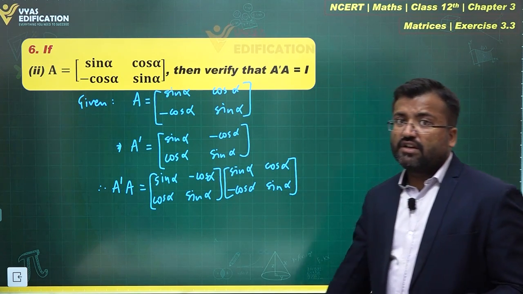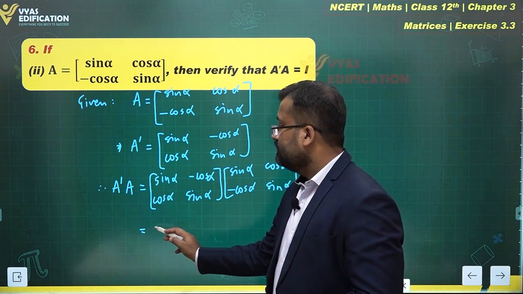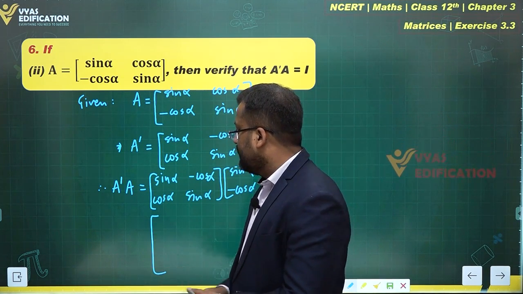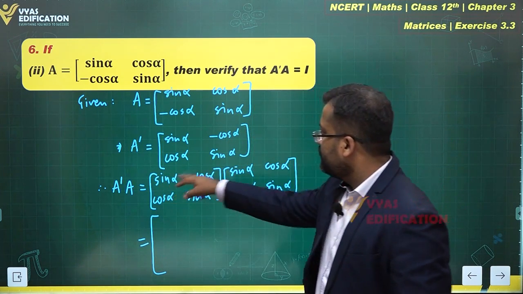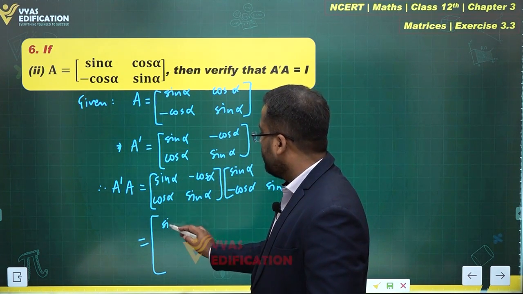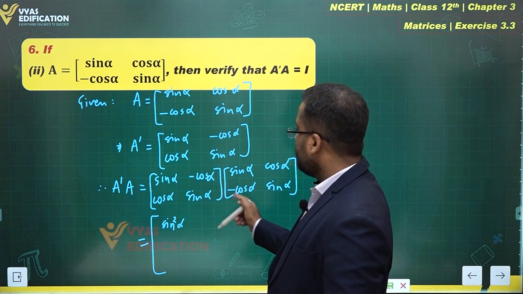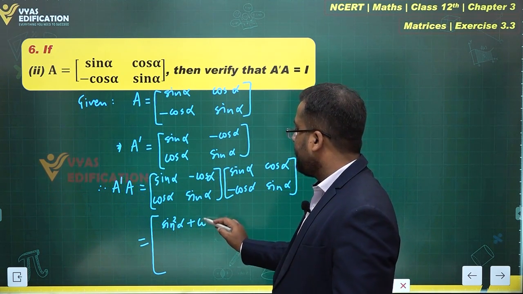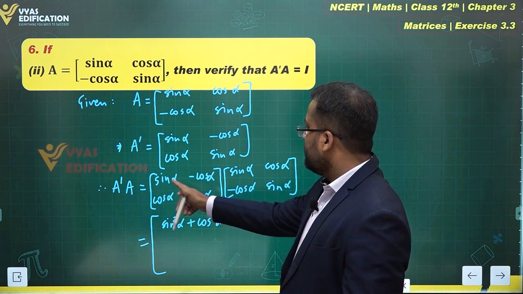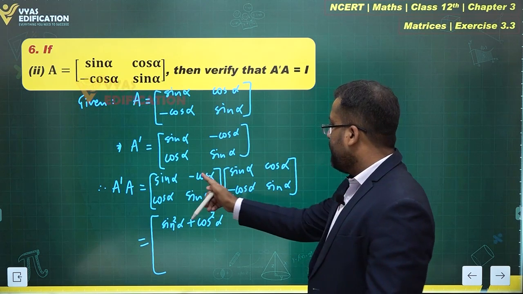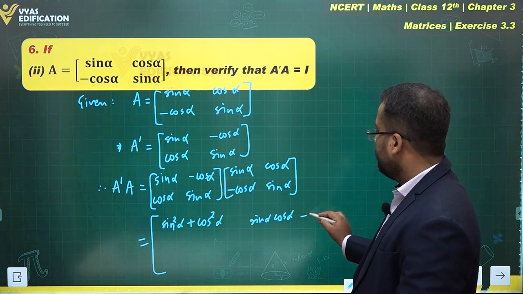Let's multiply them together. What do we get? The product will be another 2 by 2 matrix. What does that look like? The first row gets multiplied with the first column. You multiply sin by sin, we get sin square alpha. Minus cos alpha times minus cos alpha, the product would be plus cos square alpha. Okay. Sin alpha times cos alpha is what I obtain over here, minus cos alpha times sin alpha.